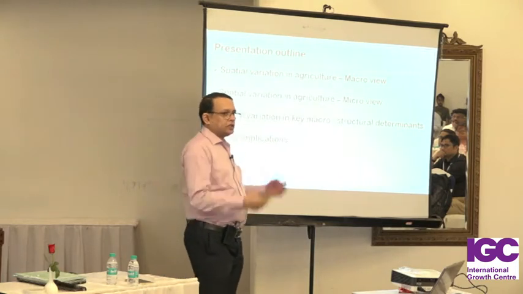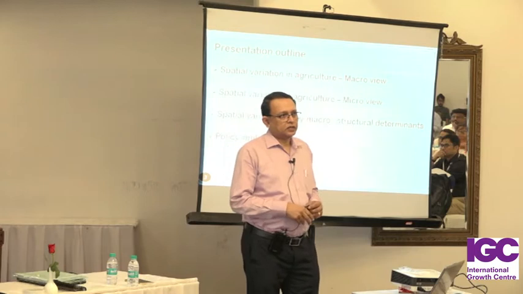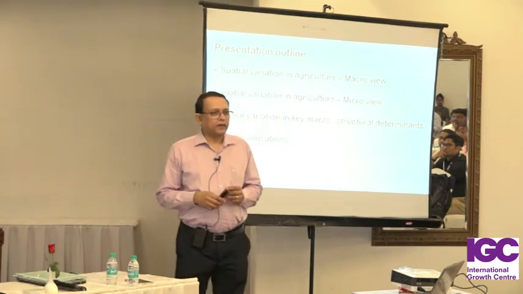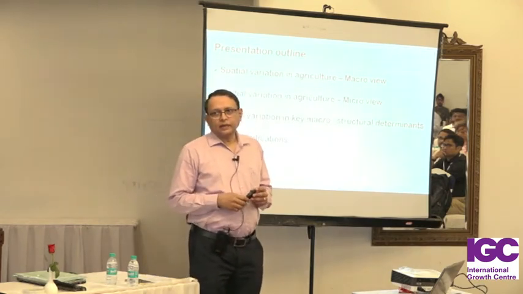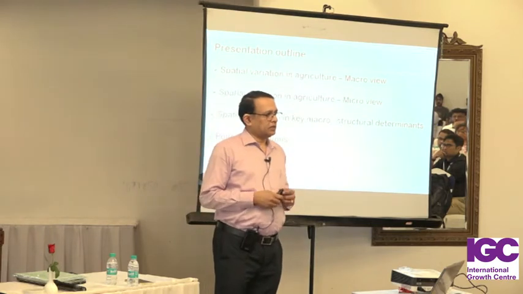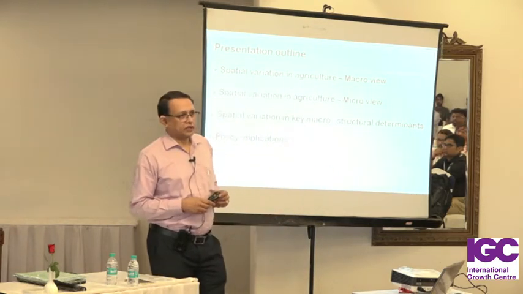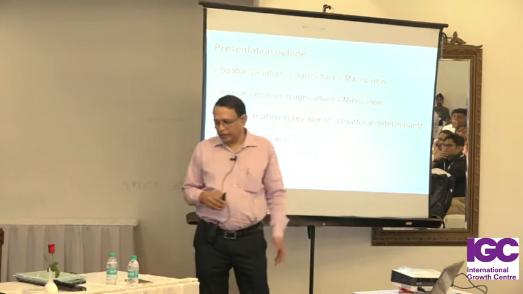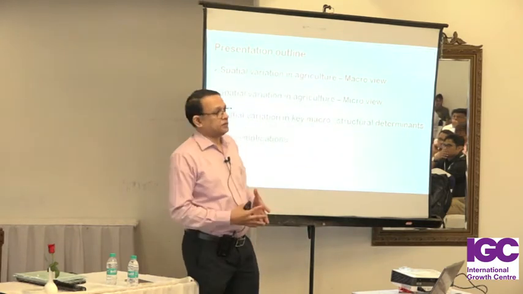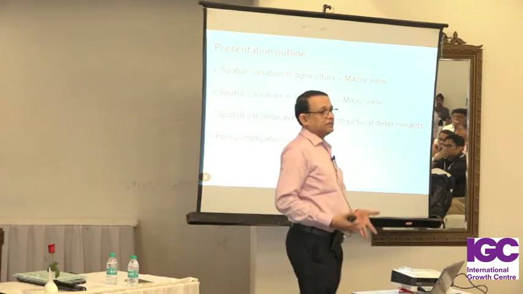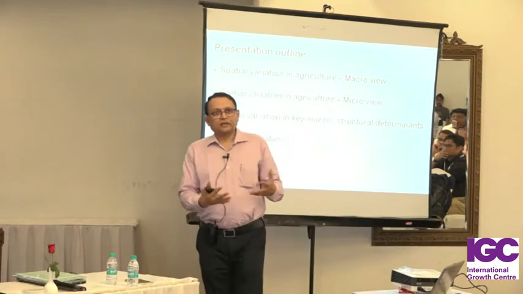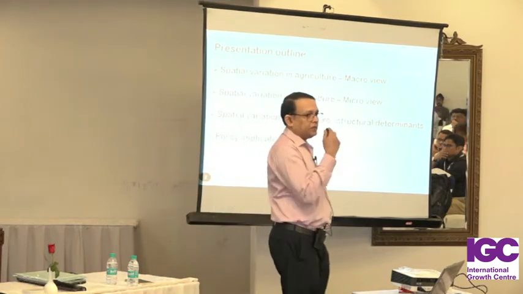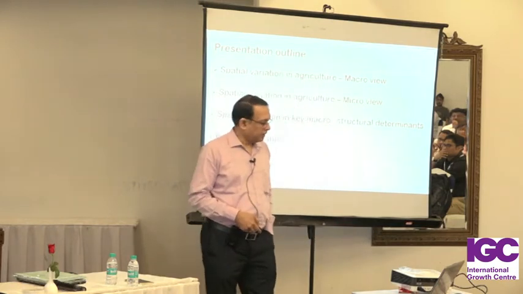What emerges from both these sets of literature is that there are a lot of factors that have been identified as key determinants that cause this kind of spatial variation, both at the macro and at the micro level. So we will look at what is the extent of the spatial variation in those determinants themselves, and that said, is there anything that one can do in terms of policy. That's what this paper aims to cover.